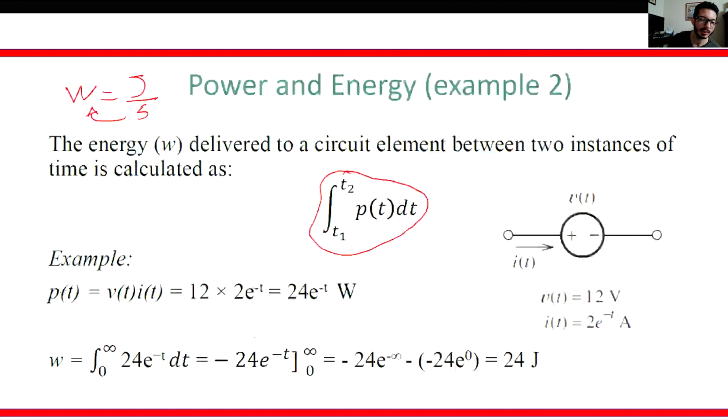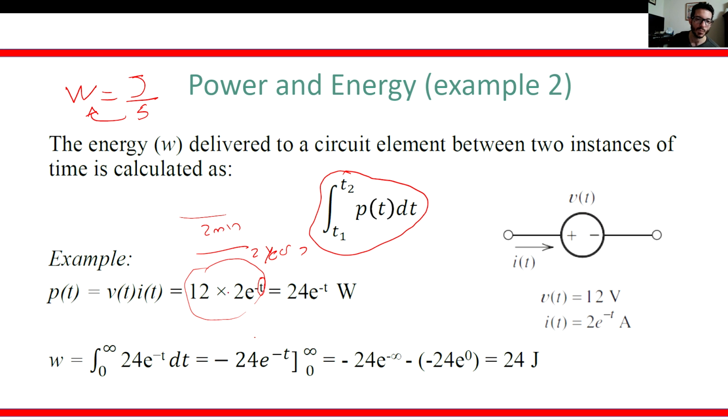So, for example, since the formula of power is voltage times current, and they're telling us that we have a specific function that is 12 times 2e to the negative t, this circuit has t as a variable because it depends on if the circuit is on for 2 minutes or 2 years, for example. Okay, so 12 times 2 is 24e to the negative t watts.